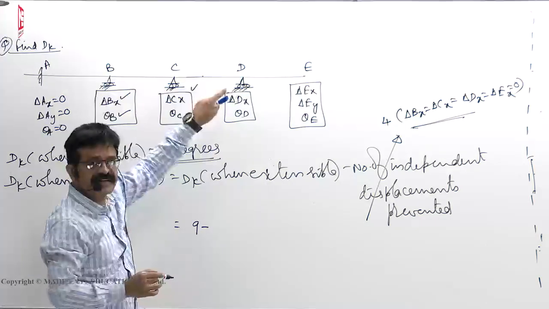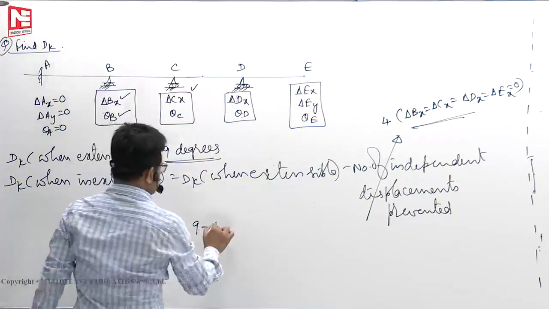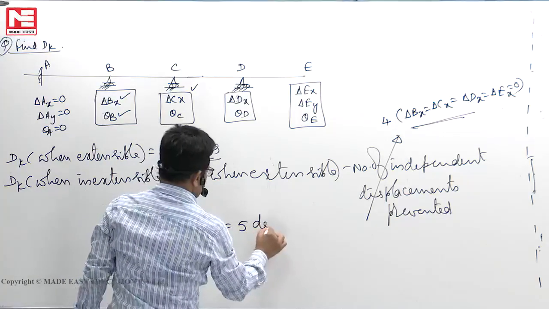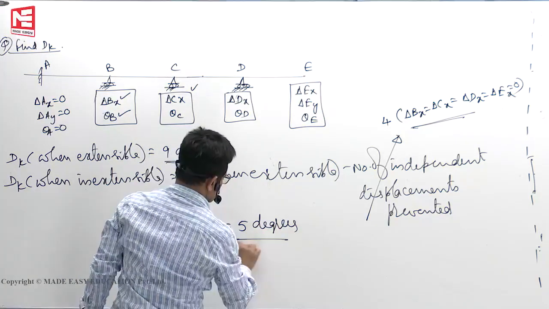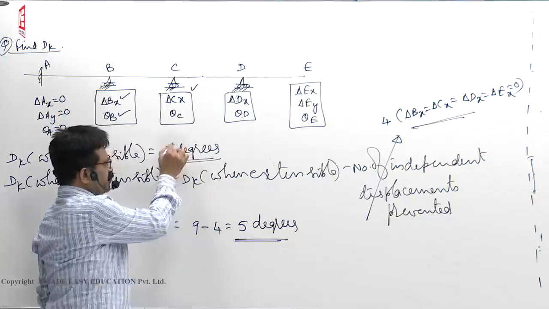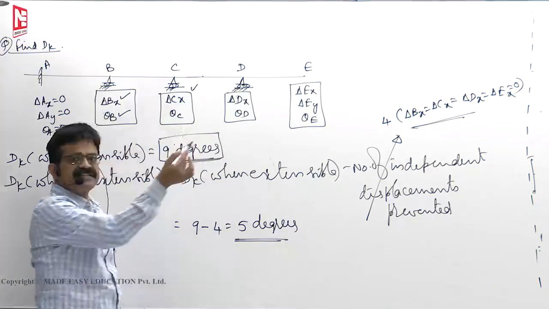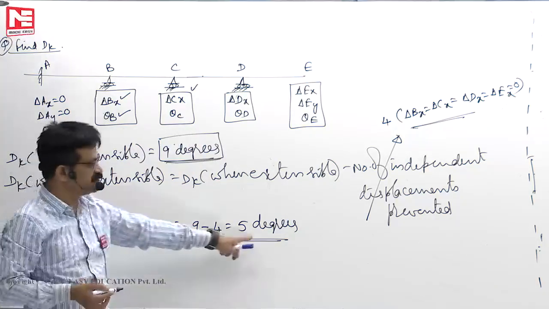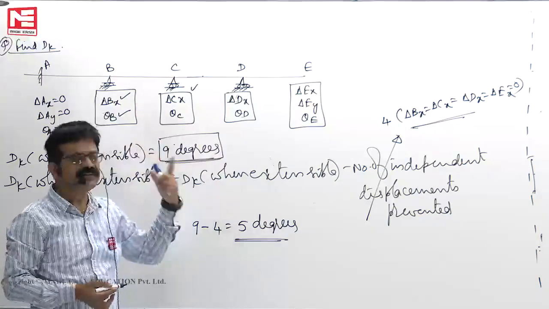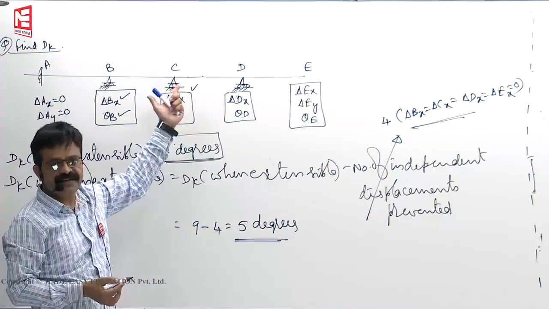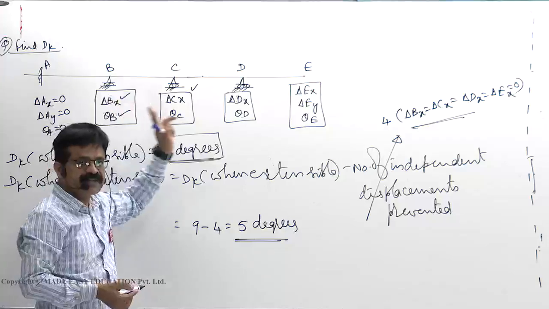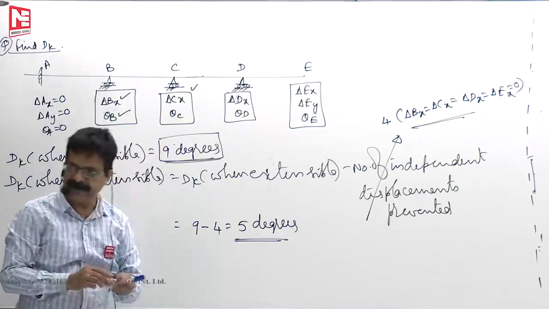Because you assume that they are inextensible, 4 displacements become 0. So you will get 5 degrees. So first search for 9. If 9 is not there in any option, check for 5. Then 5 will be there. That means you might have thought that it is actually an inextensible case.